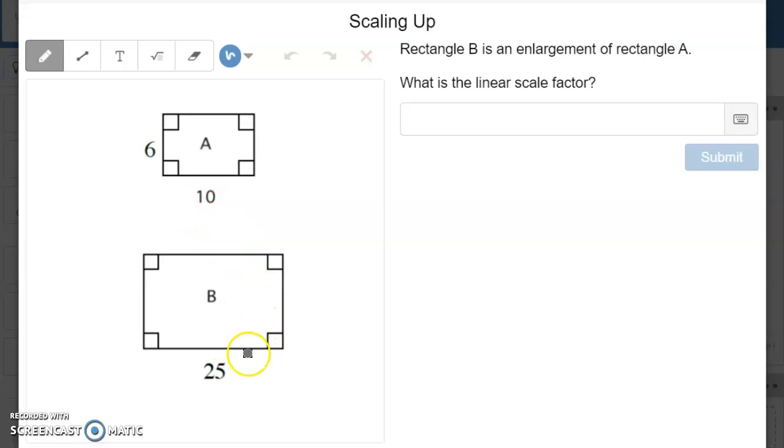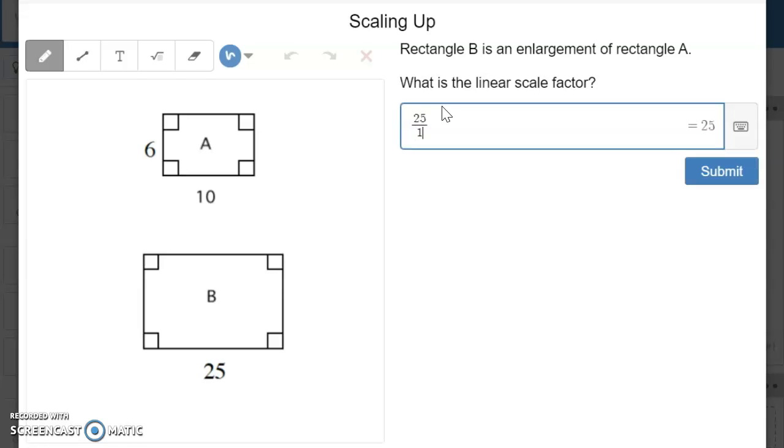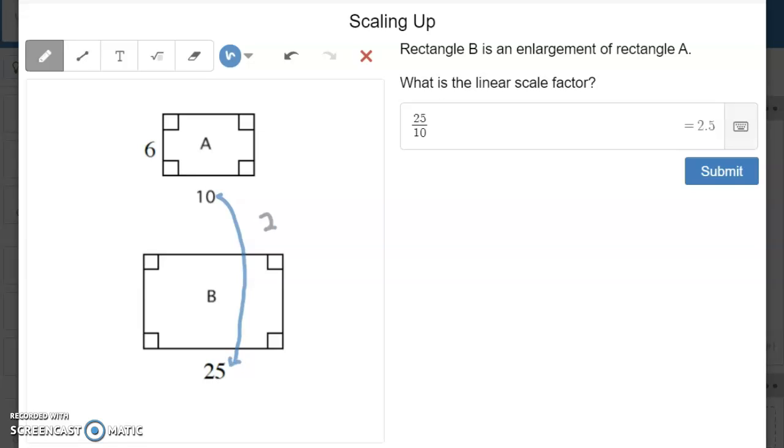It is 25 divided by 10. This length is going from 10 to 25, so you divide the final, which is 25, by 10, which can be simplified as 5/2 or 2.5.